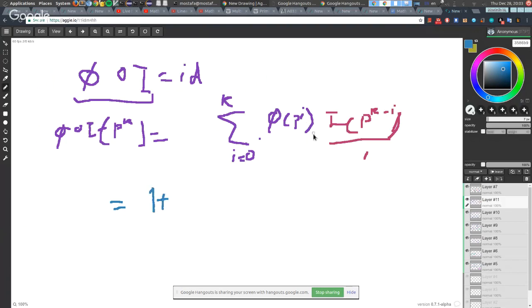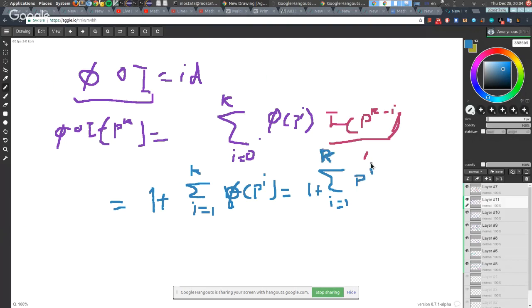We just exclude the first term, because as I said, we can't use the easy formula for phi if i is equal to 0. So it's equal to this now: phi of p to the i, which is p to the power i minus p to the power i minus 1.